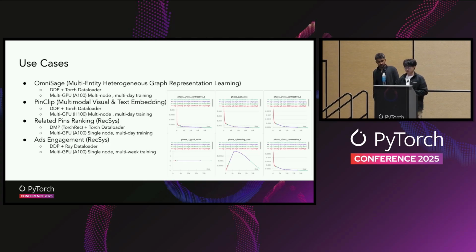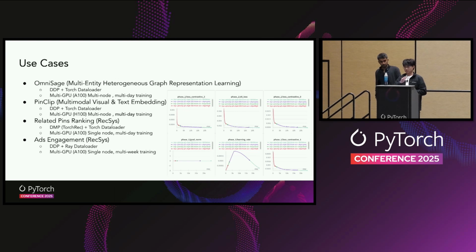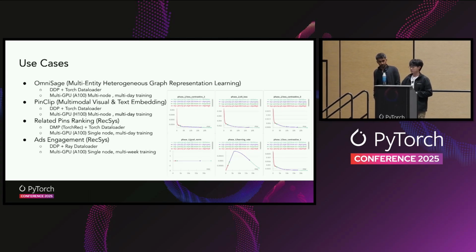All of those are using our framework to do fault tolerance training right now. And on the right-hand side, you can see the loss and time series data can smoothly connect to each other because we take care of the data loader states and the model checkpoint correctly for users. They don't have to worry about what happens.